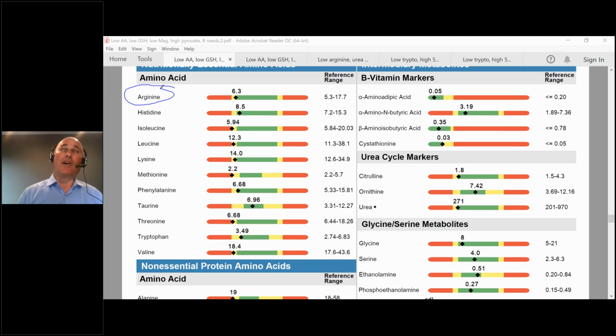And so if arginine is low and you're suffering from any kind of microvascular problem, then it's not really going to go away until you bring your arginine up, bring up the nitric oxide levels, and then the blood vessels will become smooth and healed and soft and pliable and happy once again. So right off the bat, arginine makes a huge difference.